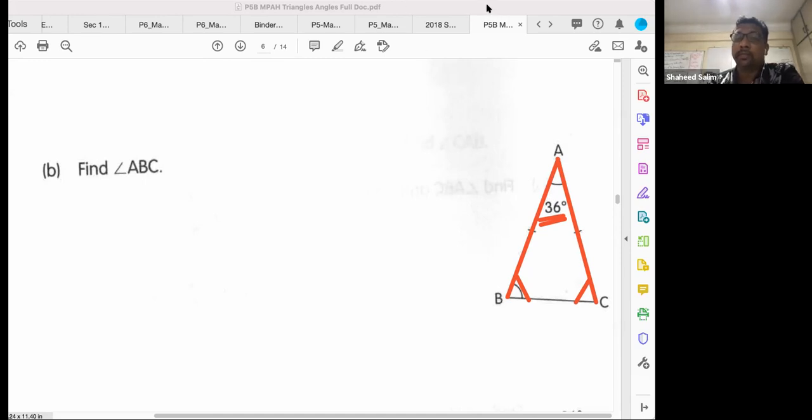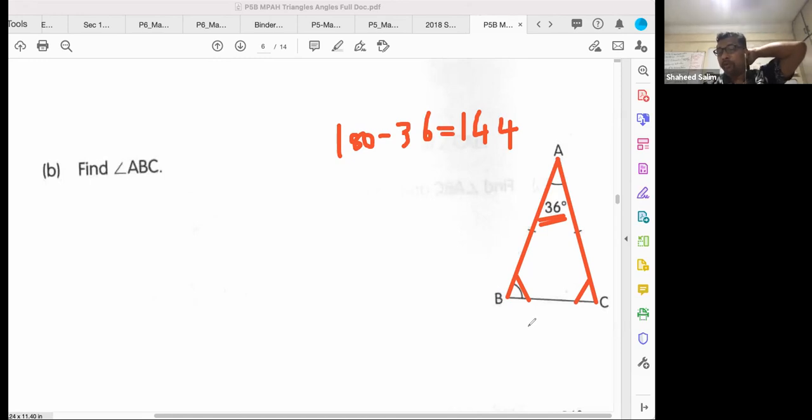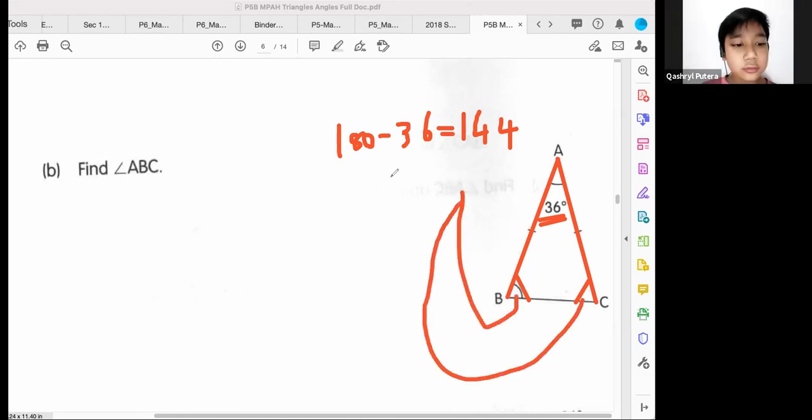So how to do this? Take 180. Now you may take 180 minus 36. But this is only step one, you know. You get 144. And then you must divide by 2, because 144 is equal to these two angles. Then you get 72. Okay, you get it there?